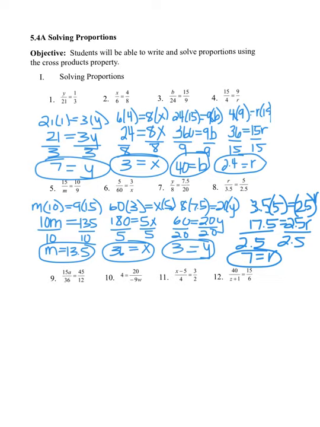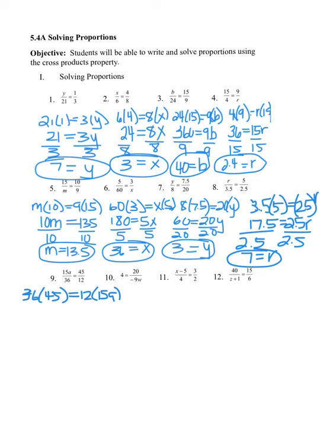Looking at number 9, I'm going to start with 36 times 45 and 12 times 15a. So this one has a coefficient with the variable. So you're definitely going to want to have a calculator for these because some of these get into bigger numbers.